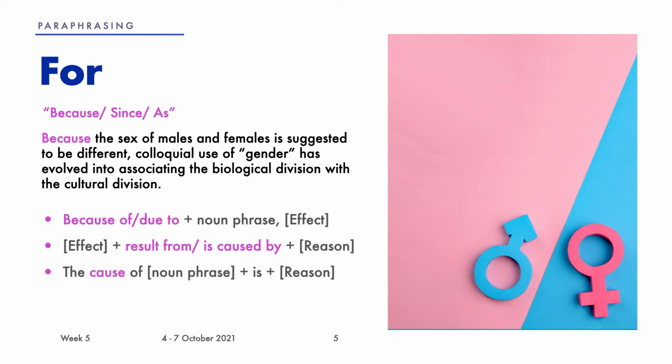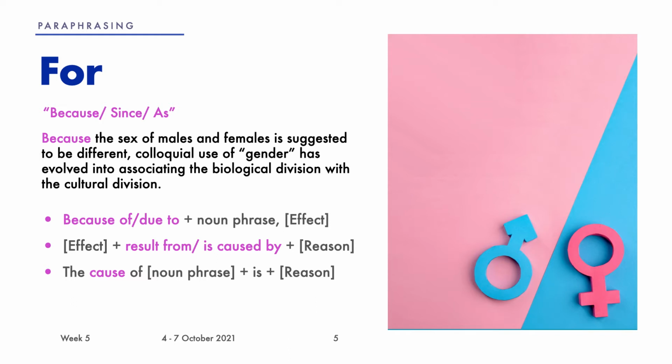Or if you want to go to the extreme, you may paraphrase the conjunction because into a verb, such as result from or is caused by, and what comes next, the main verb will be effect and reasons, both in noun forms.